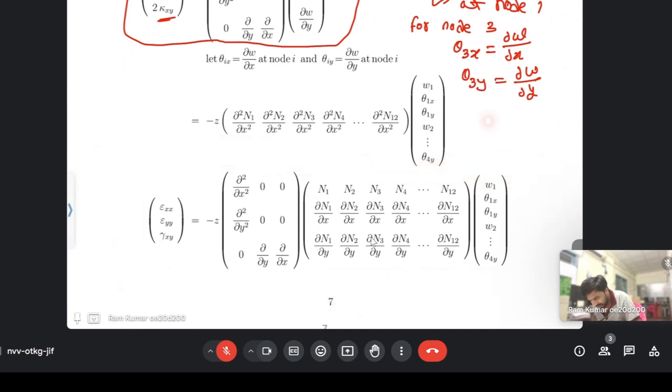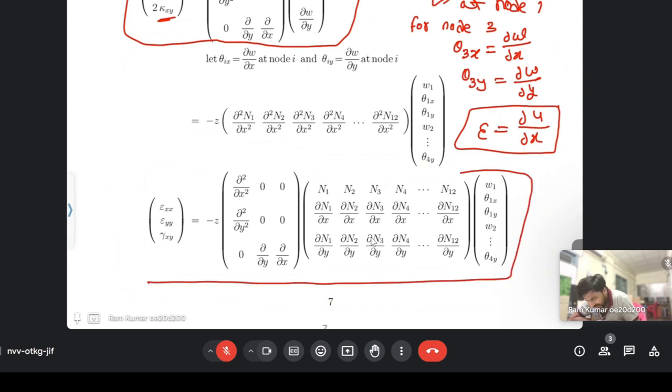I will write strain equal to del u by del x in the x direction, in simple words. It will be like this. But in terms of the shape function, we have to write this big expression. Actually, I'm not going to derive this big equation because it will itself take 2-3 days. So I'm just giving you some hint of how we are going to solve.